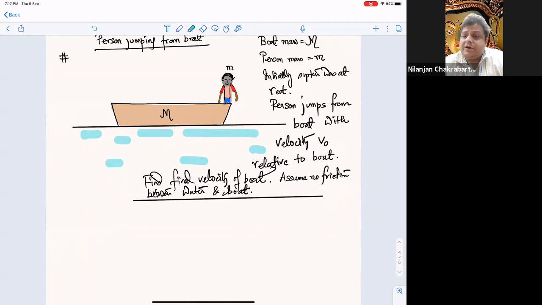See, this line is important here. Person jumps from boat with velocity v naught relative to the boat. When it is mentioned relative to the boat, it means relative to the final velocity of the boat, unless mentioned.